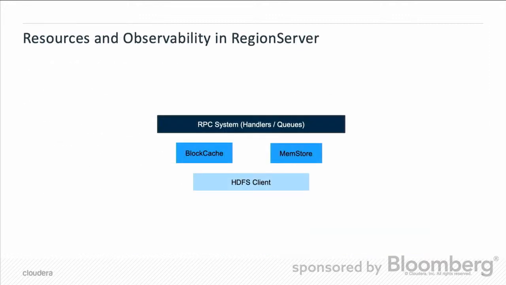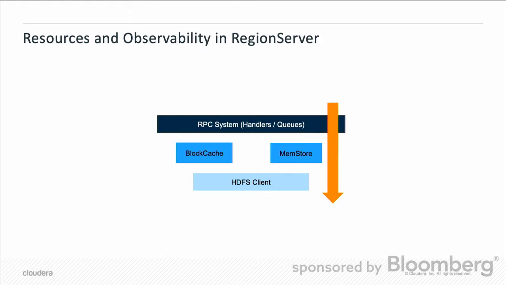So these are the typical resources in a single region server. All user requests come into the RPC system first, and then they are queued and processed by hundreds of handlers concurrently. For caching, it goes to Memstore for write, and it goes to BlockCache for read.